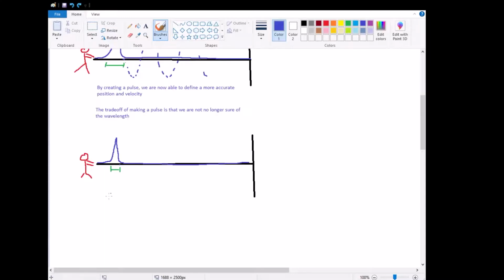And as I make this pulse infinitely peaked about a definite position, so narrow that I finally gain the ability to define the position of the pulse exactly instead of using an interval, at that point I do not know anything about the wave function or the wavelength, because what you have instead is just something that looks like this.